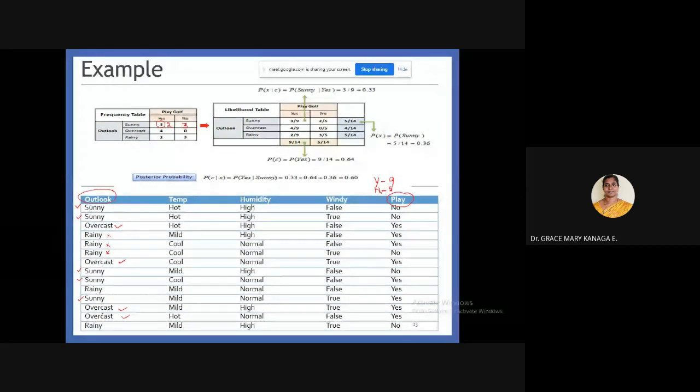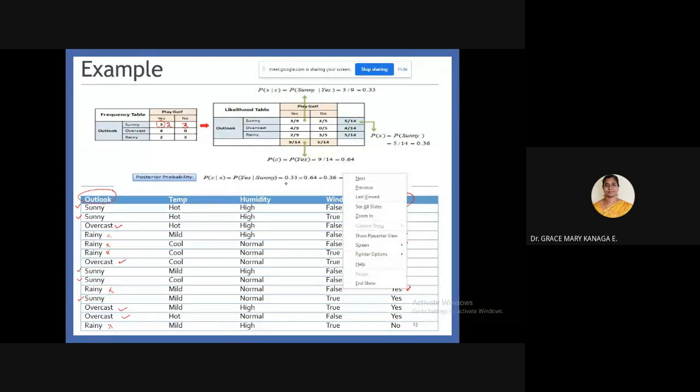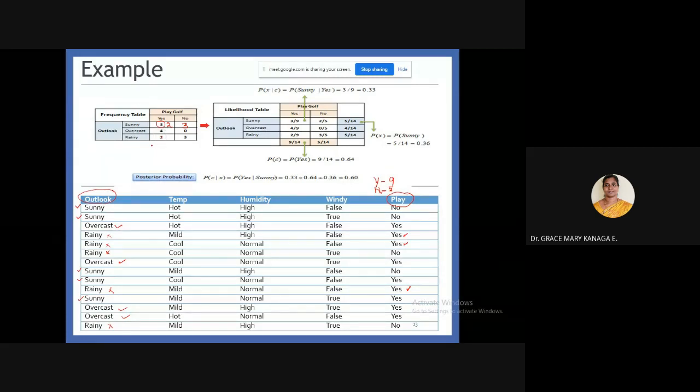So under rainy, how many yes and how many no's? Actually, you have 2 yes, right? I think, ma'am, 3 yes, 2 no's. 3 yes and 2 no's.